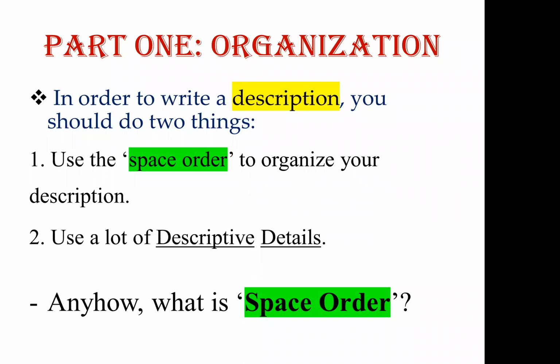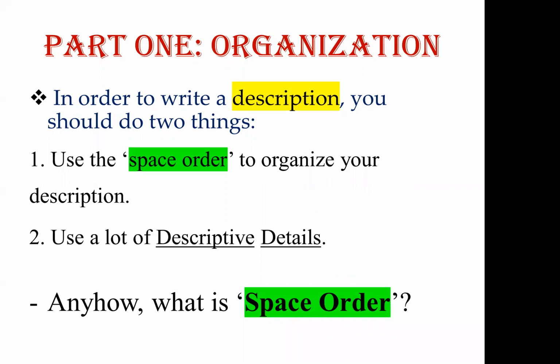I don't remember it, but we talked about time order, which is for paragraphs that need some instructions. The second thing, you use a lot of descriptive details. Okay, when you write a description, you should use a lot of details. You must be specific and don't be too general.